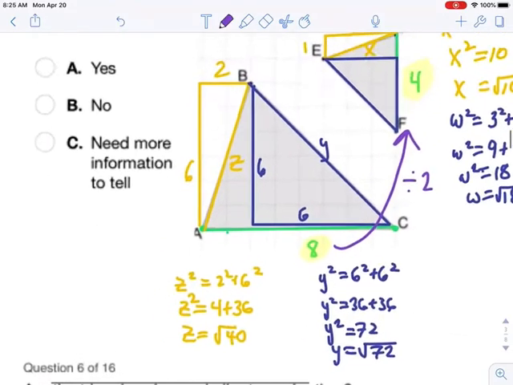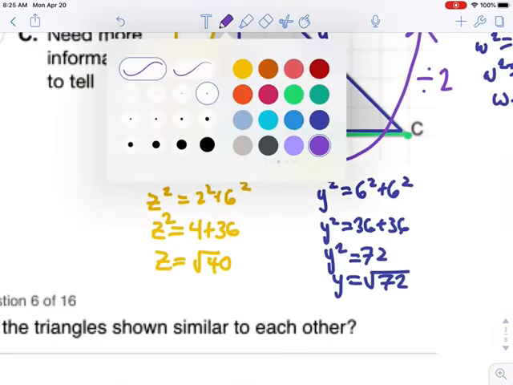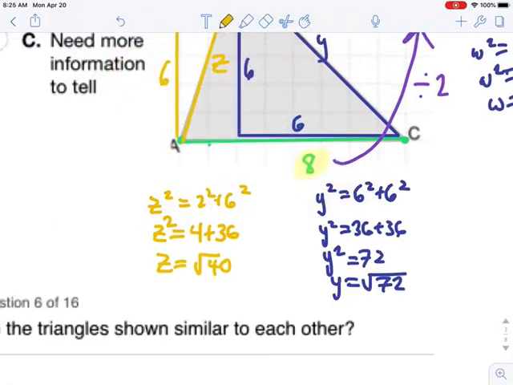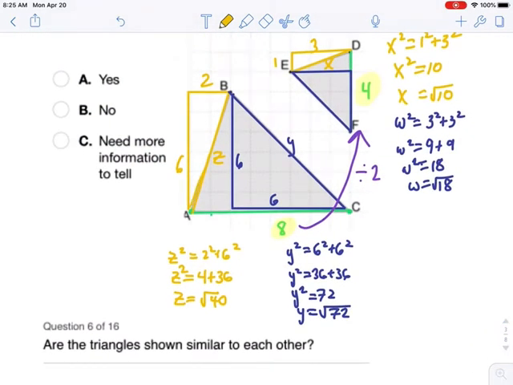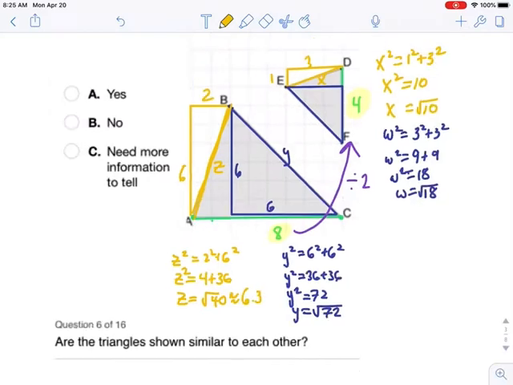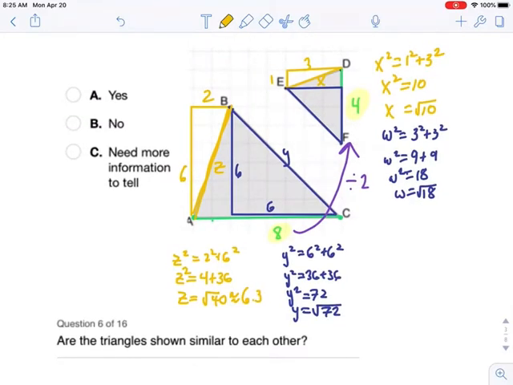I calculated Z, this yellow side, like AB right here, which was the square root of 40. Plugging that into a calculator gives me about 6.3. And then over here, on the other triangle, I called this side X. That was the square root of 10, which is 3.16.